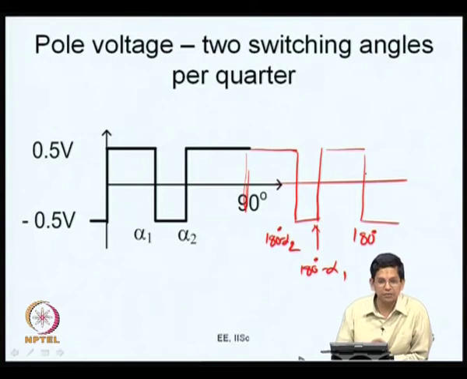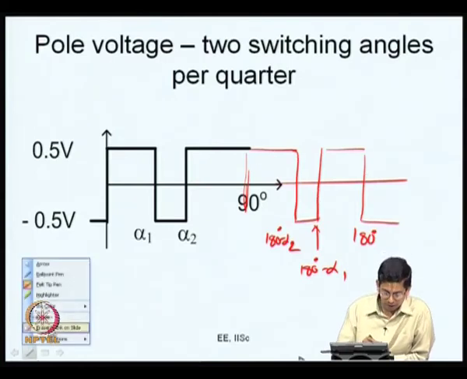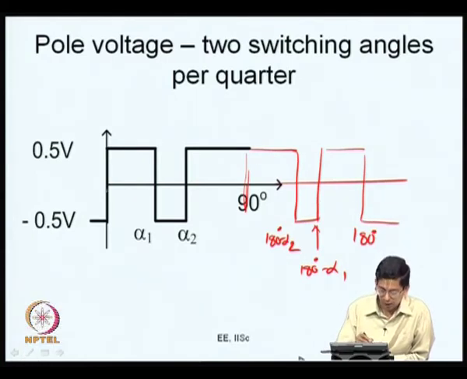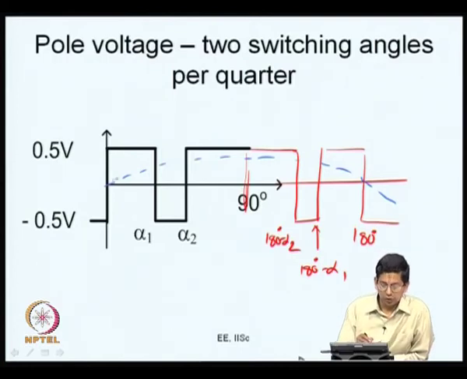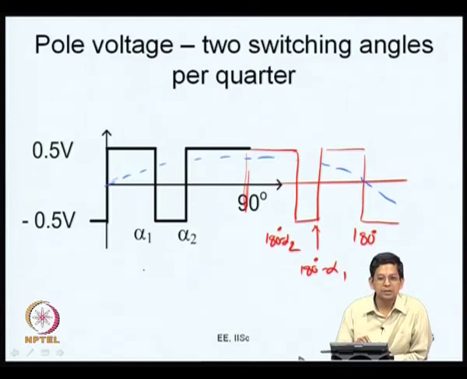This will have a fundamental component like here. So, at 0 the fundamental has its positive 0 crossing, at 180 the fundamental has its negative 0 crossing. At 90 degrees the fundamental is at its peak. This is how it will be now.